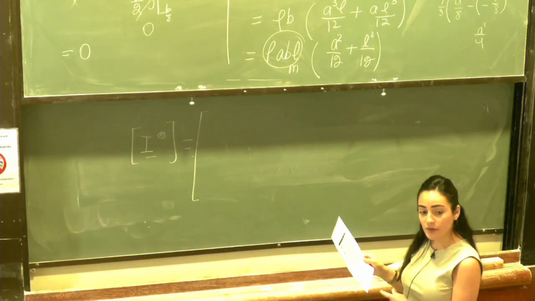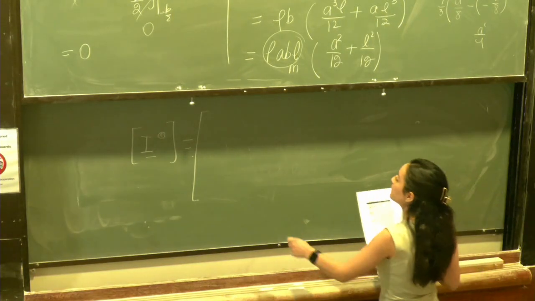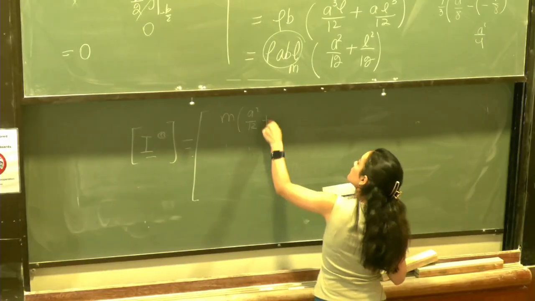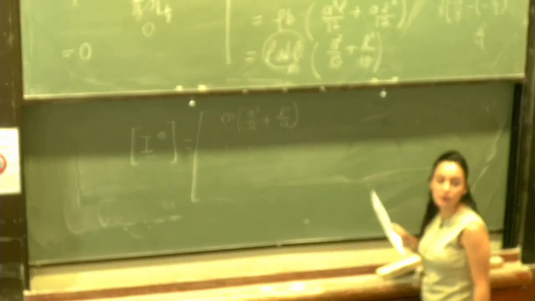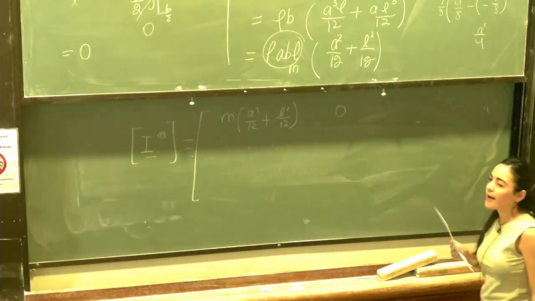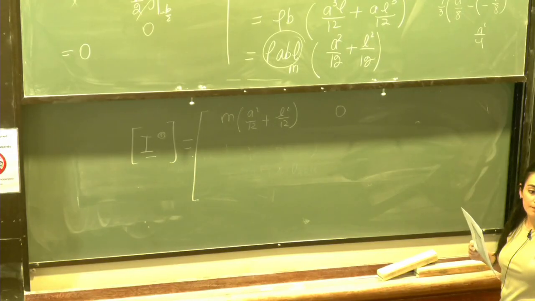We can read it off the table. And we just showed it. It's m over 12 times (a squared plus L squared), right? What is the xy term? 0. xz also 0.